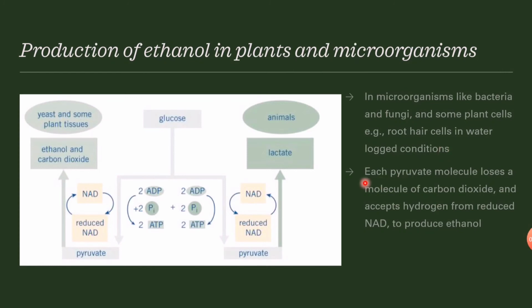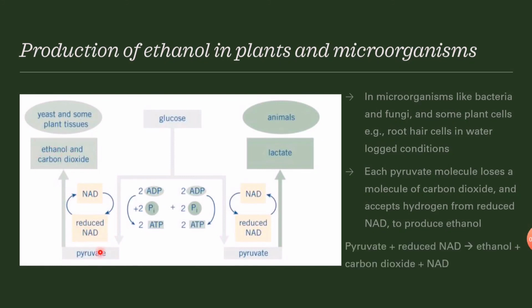Each pyruvate molecule that we've produced, so we've done our normal glycolysis and produced our 2 molecules of pyruvate, our ATP and our reduced NAD, and each of our 2 pyruvate molecules, instead of just gaining 2 hydrogens like in the lactate process, actually loses a molecule of carbon dioxide and accepts hydrogen from the reduced NAD. And this is to produce ethanol.